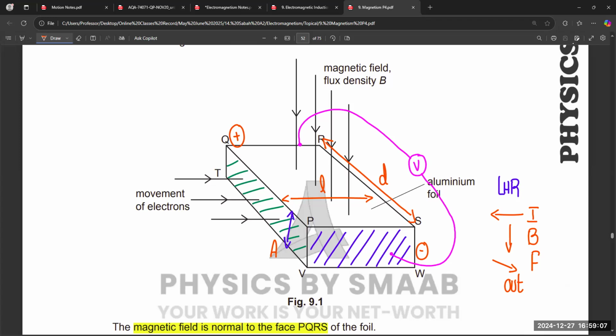So we can say that this side PV, or SW, or QT, these sides represent t, the thickness. So in the answer, we can say PV side, SW side, or QT side. This is the final answer for the second part.